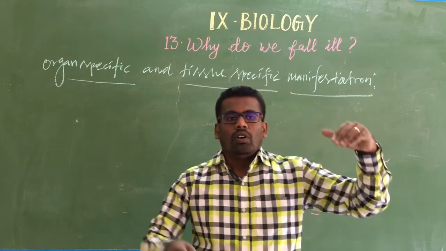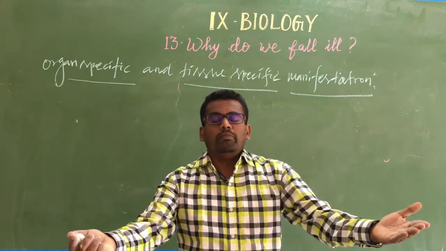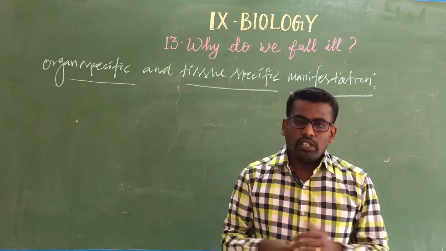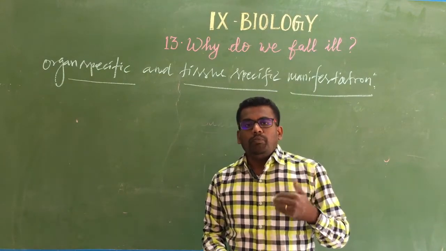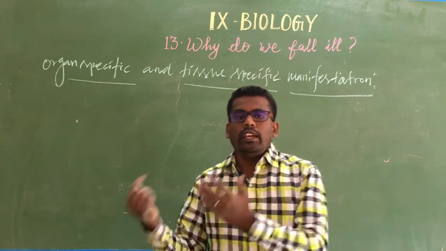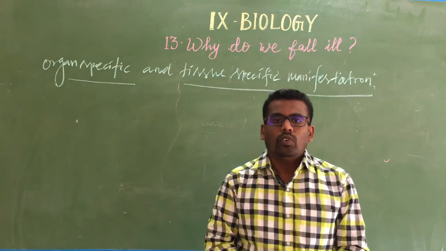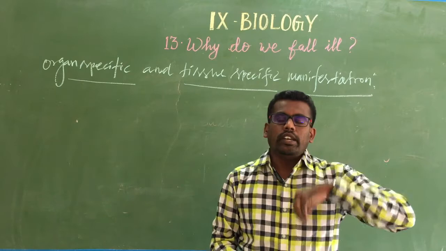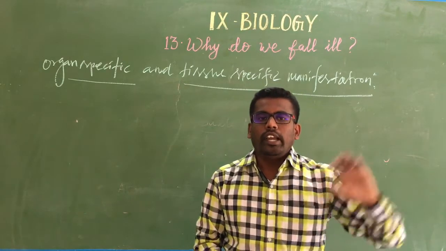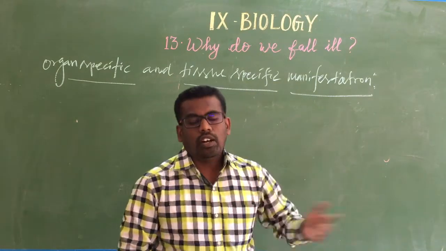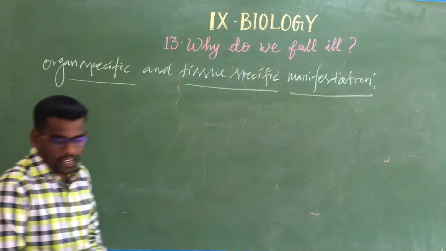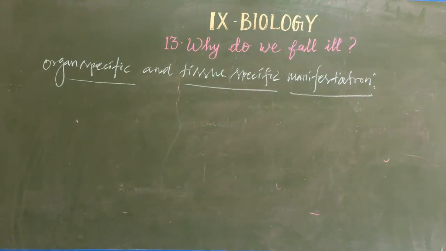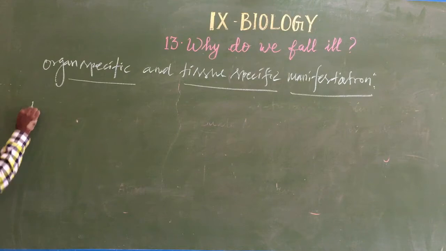Again, the disease-causing microorganism comes into our body. After coming in, where does it go, to which area? That is decided by the entry. Through whichever route it enters, that decides which organ it will reach. For example, first, through air.